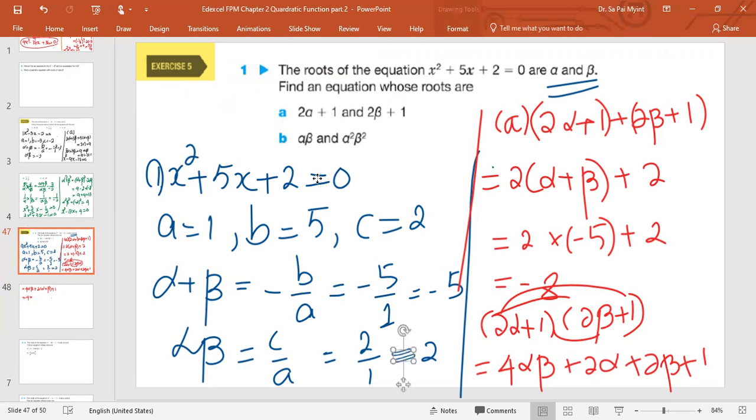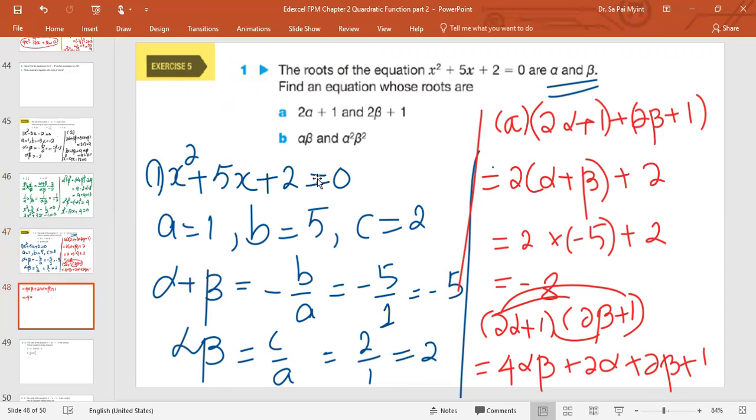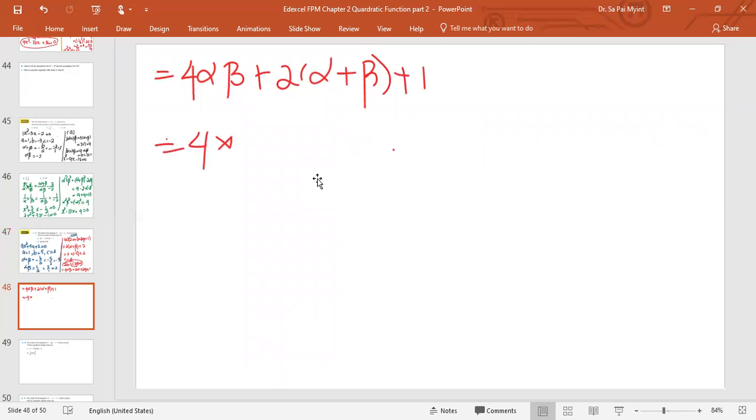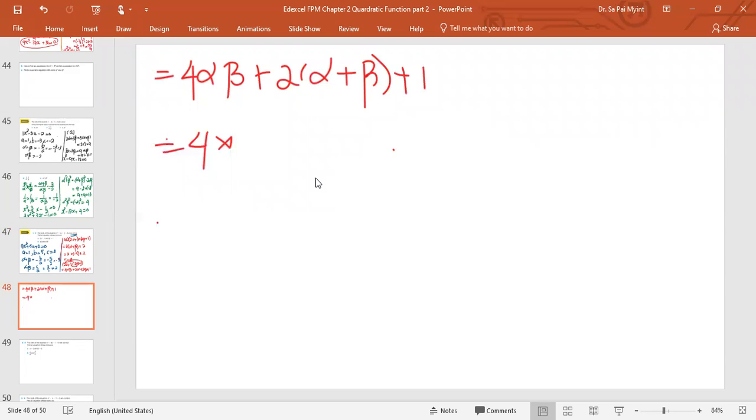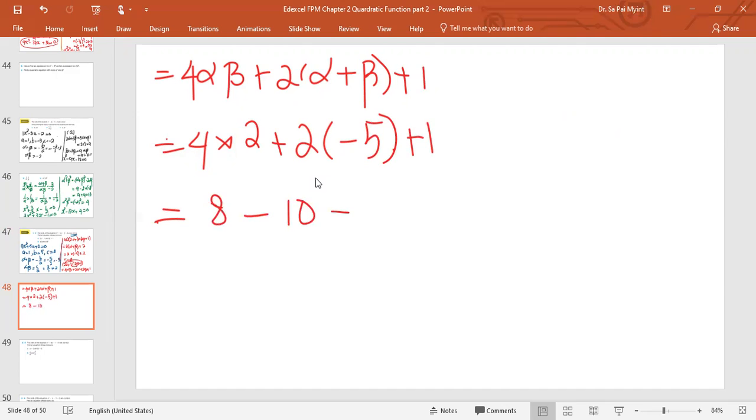Alpha beta is 2. Alpha plus beta is minus 5. So 4 times 2 is 8, minus 10, plus 1. What do you get? This is minus 1.